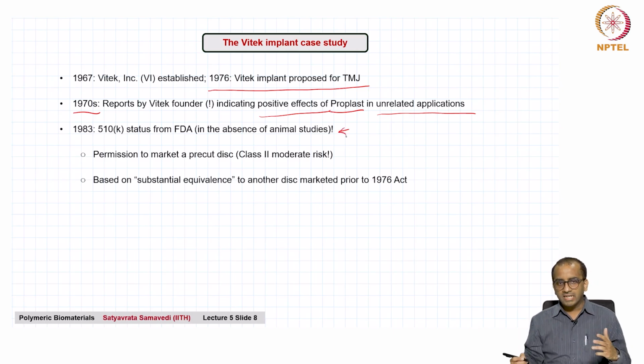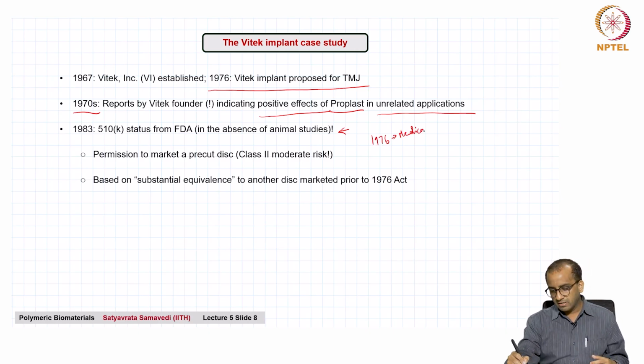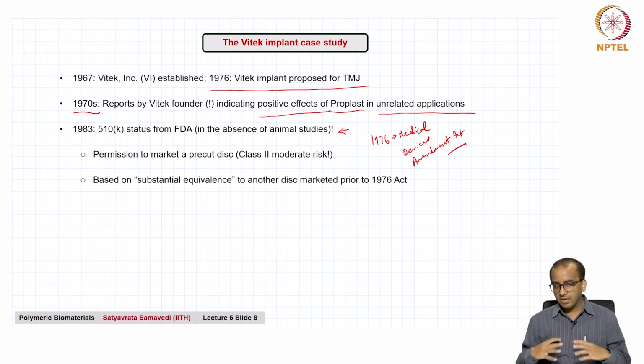And in 1983, the FDA provides 510K status to Proplast in the absence of animal studies. Now, just to put that in context, in 1976, the Medical Devices Amendment Act was passed based on devices that were developed before 1976.